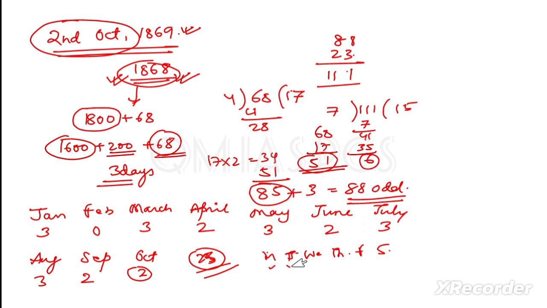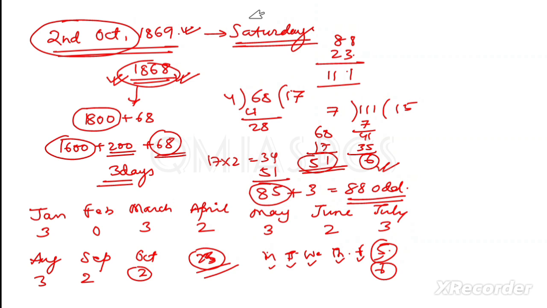This is 1, 2, 3, 4, 5, 6. That means 6 is Saturday, right? So if you are getting 6 as the odd day, that means this date is a Saturday. Am I right or not? So I think now you have understood how to solve for the day of any date.